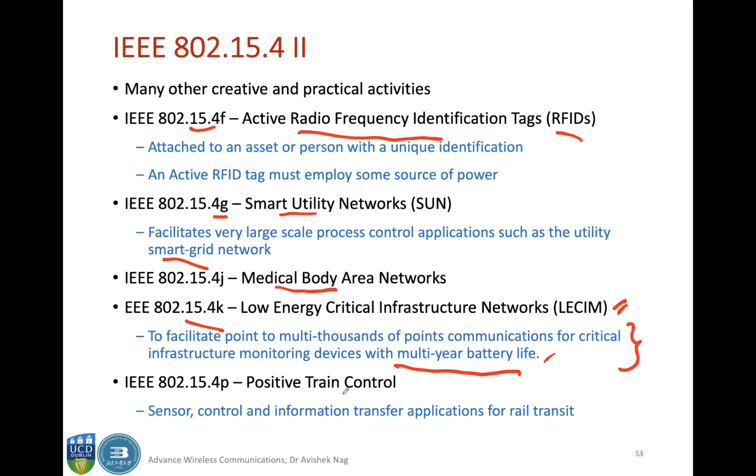You can have 802.15.4p, which is for positive train control. So you can have different sensors, and then you can do a lot of signaling with the help of them in rail transit systems. So we have a standard for that also, and that is 802.15.4p.